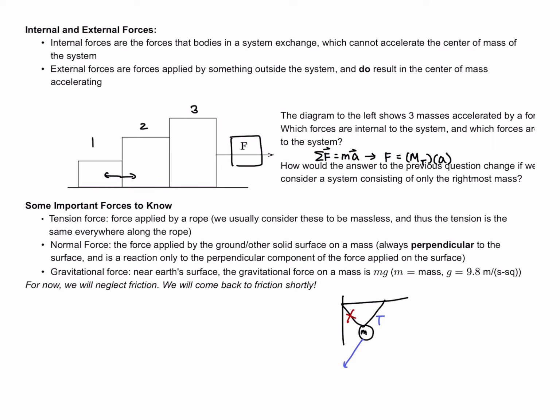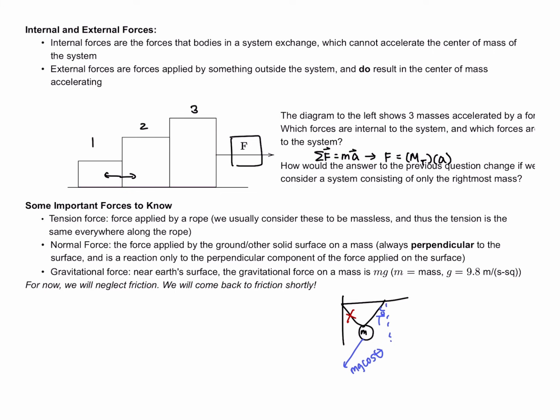So in this case, that would be mg cosine theta if we consider this angle here to be theta. That's something you'll look at more when you do simple harmonic motion problems, but it could be asked as a conceptual question.